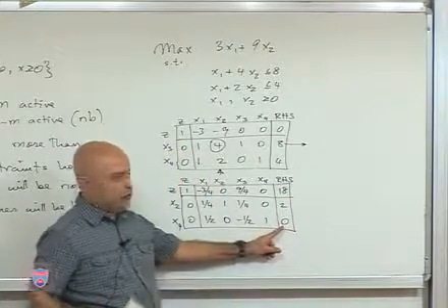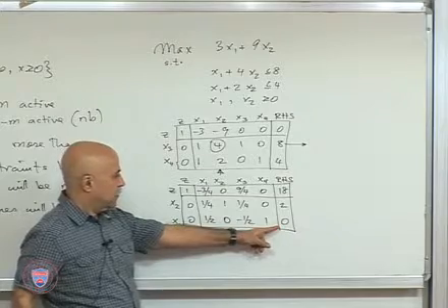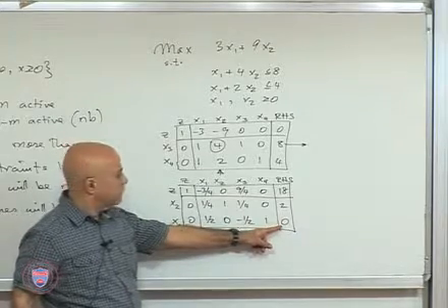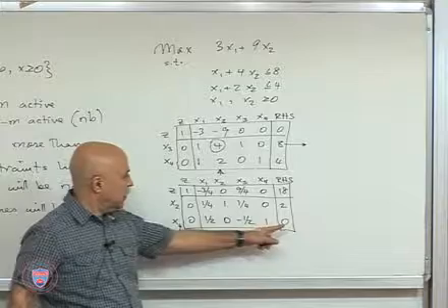See, that 0 tells you that you have a basic feasible solution which is degenerate. x4 is 0.